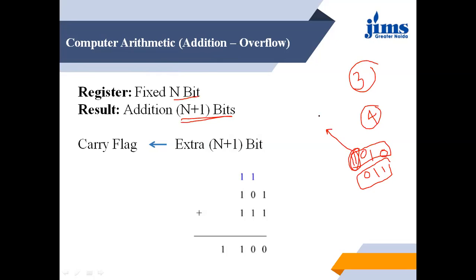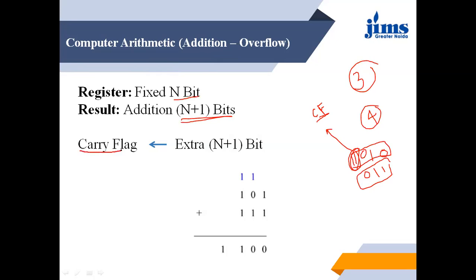This is called the carry flag. The carry flag tells us whether there is an overflow or not. When there is an extra bit after addition, then we can say that there is overflow by seeing the value in the carry flag.